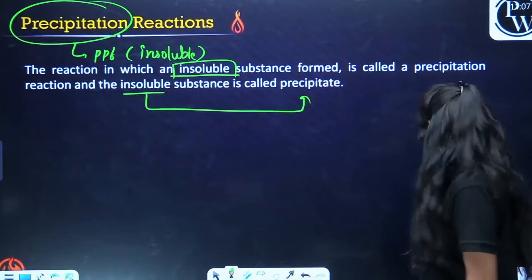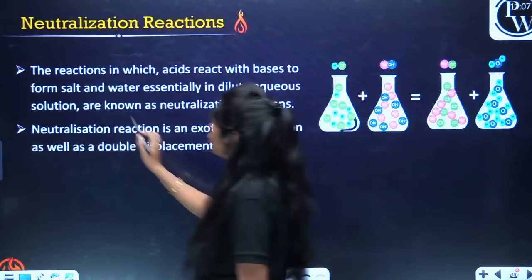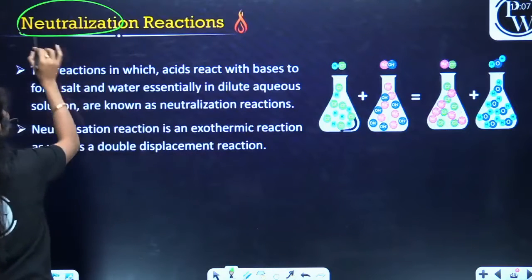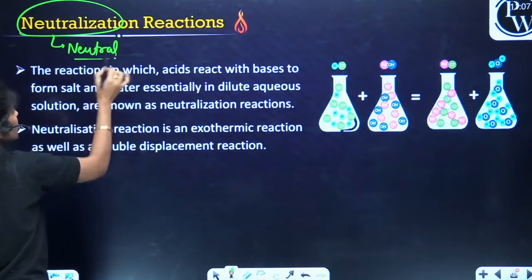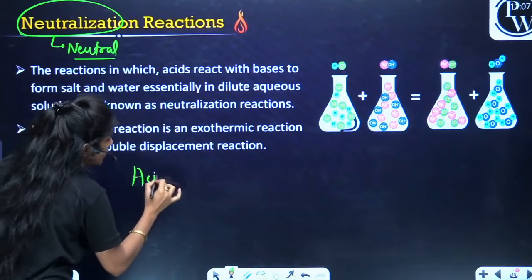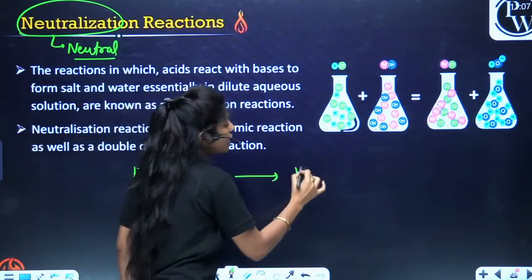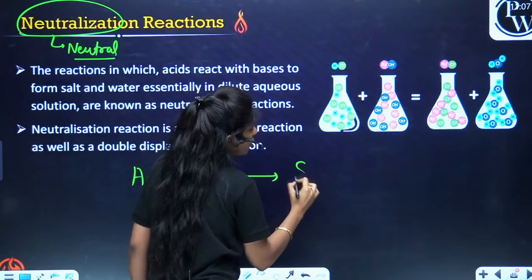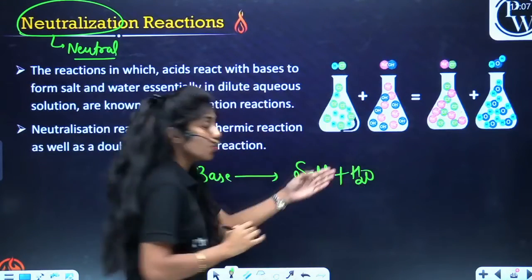Yes. Now we have the neutralization reaction. As the name represents, it is going to neutralize something. Suppose I have an acid reacting with a base, forming salt plus water. This salt is neutral, and so is the water.